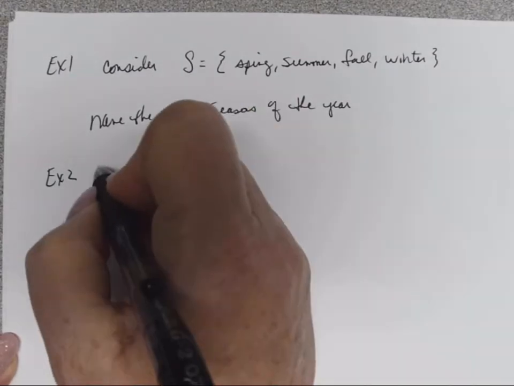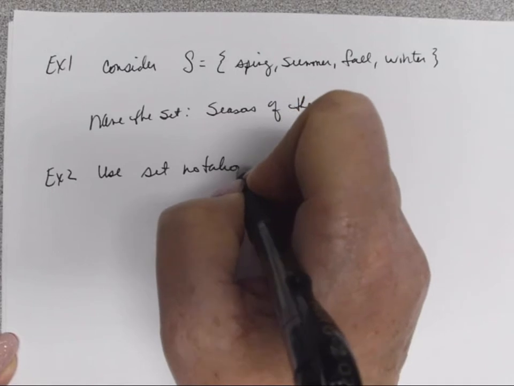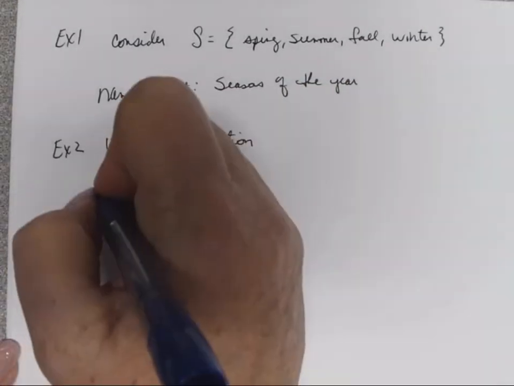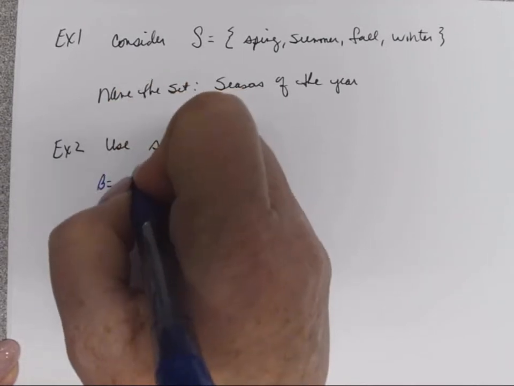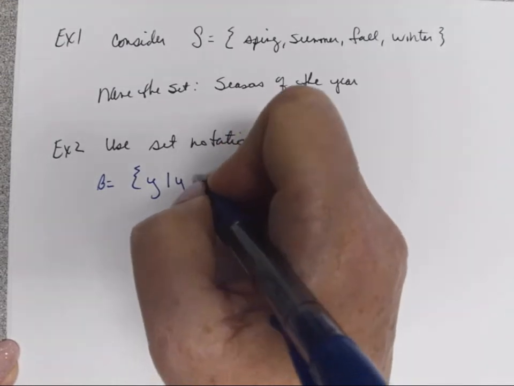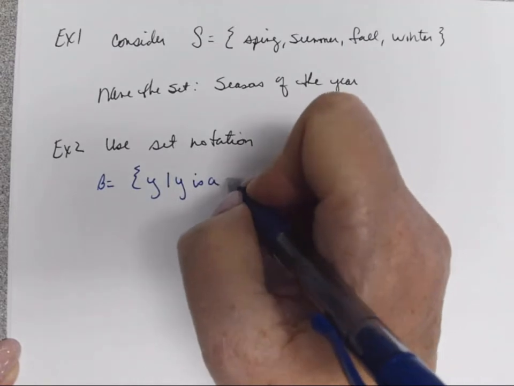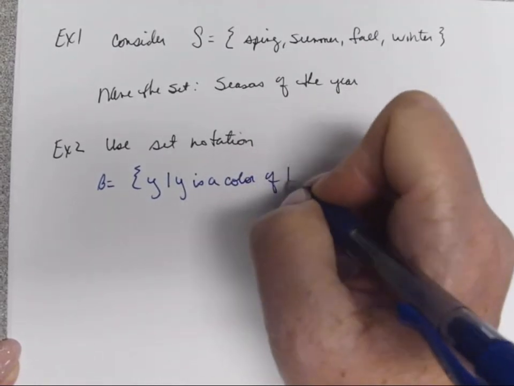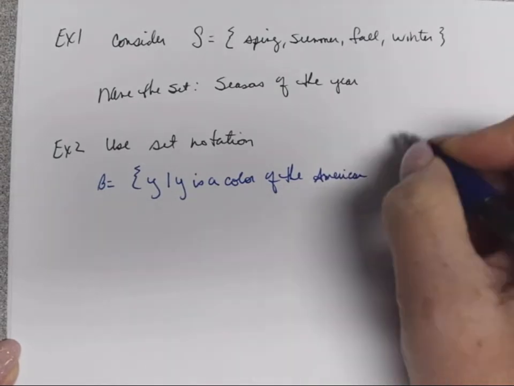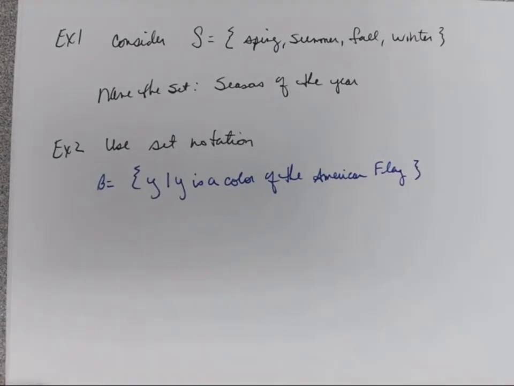All right, let's look at example 2. We are going to use set notation. If we look at the set B equal to {y | y is a color of the American flag}, we could also use the Texas flag for the same purpose.